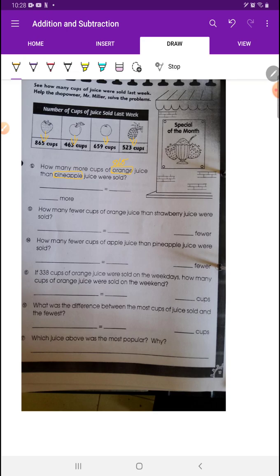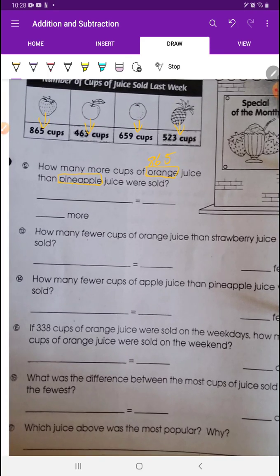And the number for pineapple, that actually looks like an 8, doesn't it? 865. And the number for pineapple is 523. And they say, how many more orange than pineapple? Now, one of the things that I haven't mentioned yet, but it's super, super important, is how many more is always a subtraction question.